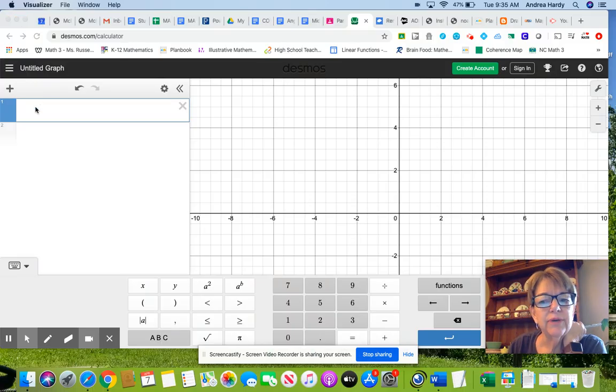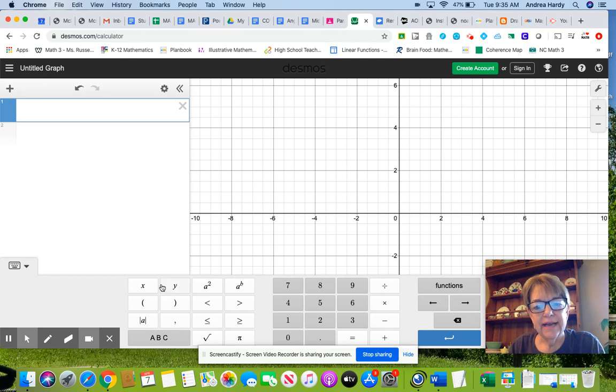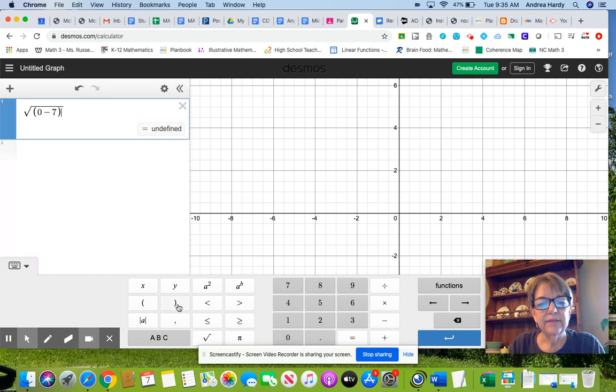I'm going to show you right here in Desmos. I have my Desmos up and I have the keyboard down here. I can do the square root of, and if I put in parentheses 0 minus 7 in the parentheses and square that, I'm going to add to that the change in the y values, which was 2 minus 6 squared.